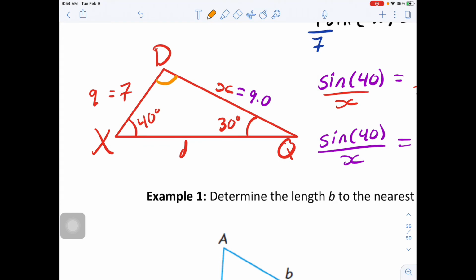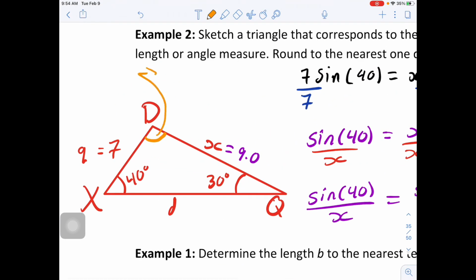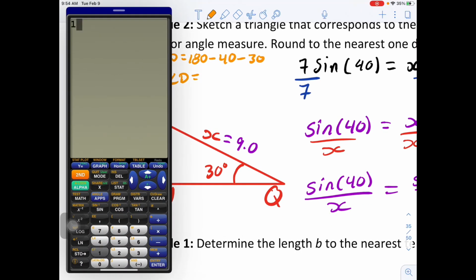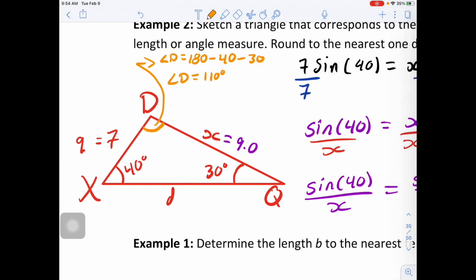So I could find angle D here. Angle D would equal 180 minus 40 minus 30. Plugging that into our calculator, that gives me 110 degrees. So here, this is 110 degrees.